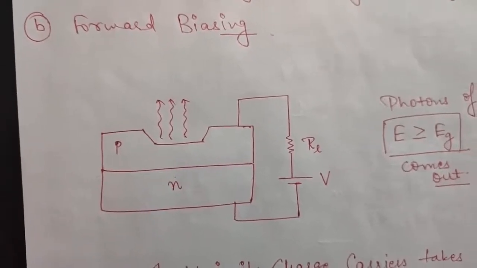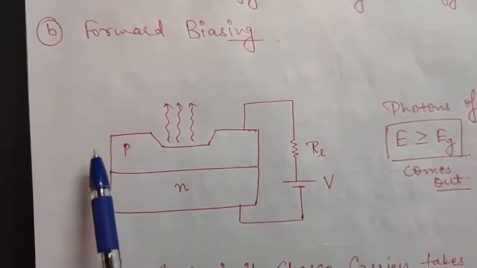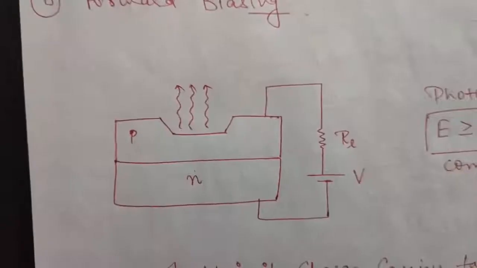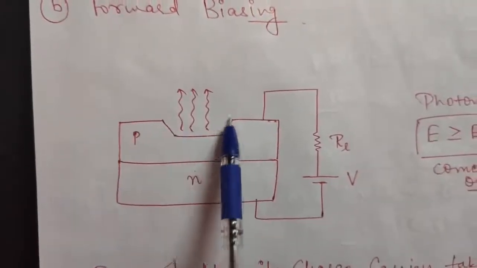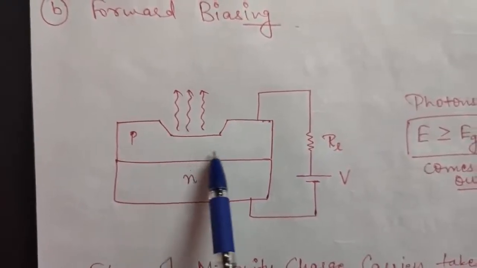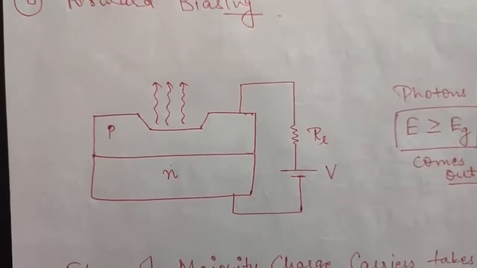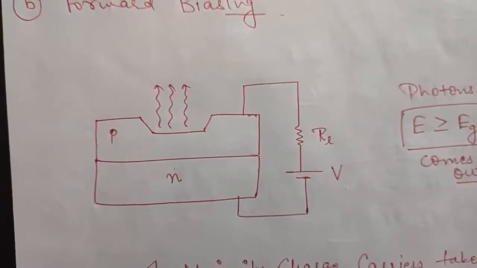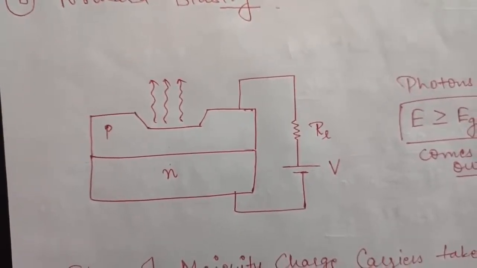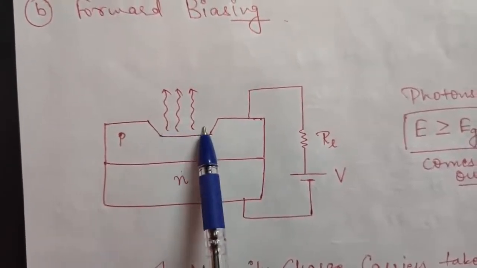One more important thing in LEDs is that the upper layer is kept transparent so that the light which is generated can come out. If the sheet is colored, the light will not be able to come out properly. So the upper layer is kept transparent so that light can come out easily.